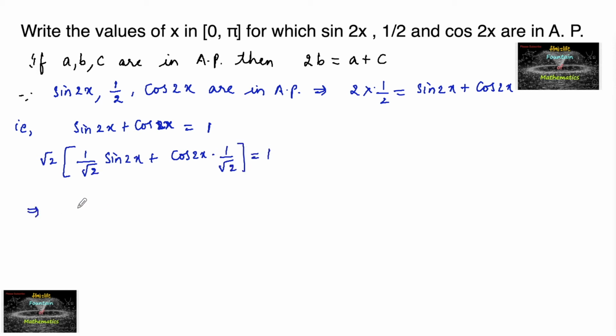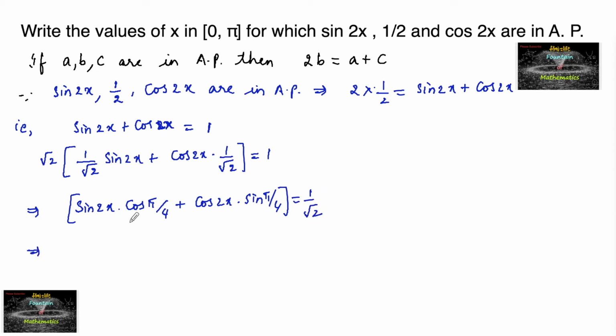We can write 1 upon root 2 as cos pi by 4 and sin pi by 4, because sin pi by 4 and cos pi by 4 are both the same. So sin 2x cos pi by 4 plus cos 2x sin pi by 4 equals 1 upon root 2.